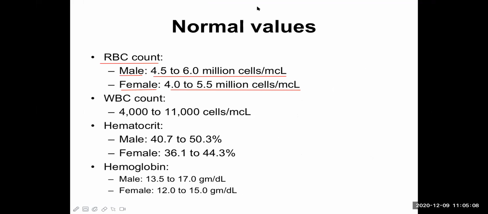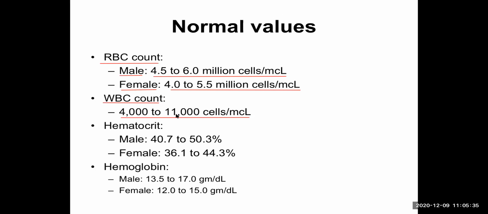Now, regarding the WBC count, this is even more important from a clinical point of view. Look here, 4,000 to 11,000 cells per microliter. In some of the labs, the upper value is written as 10,000. So it doesn't matter. It's just the difference of 1,000. So you don't need to worry that much. And whatever you answer, that will be correct. Okay.